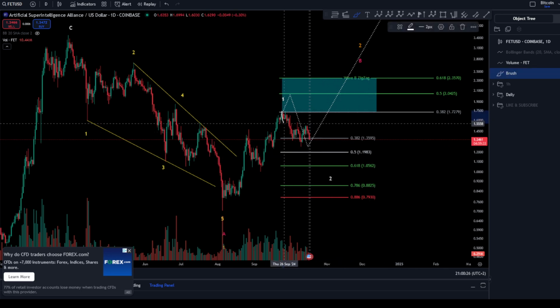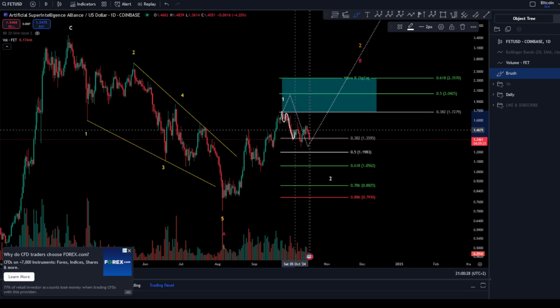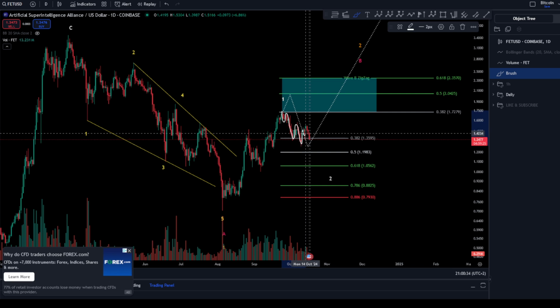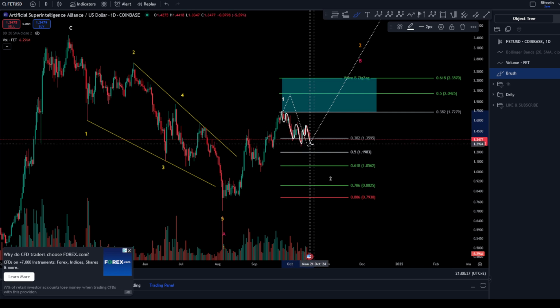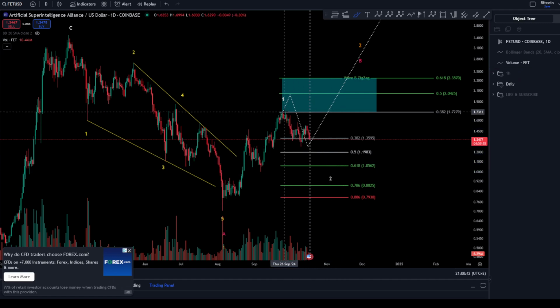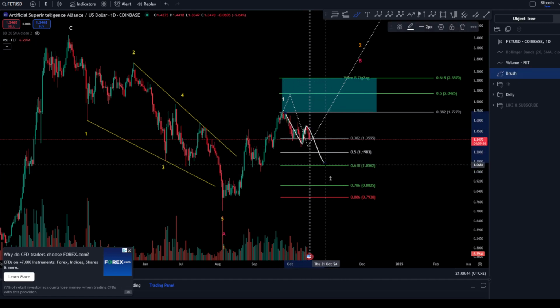Of course, as you can see here, you have a 1, 2, 3, 4, and 5 correction wave. This is possibly a wave A, and you're having 3 waves up, and you are looking now for a longer impulse towards the downside to finish this zigzag.